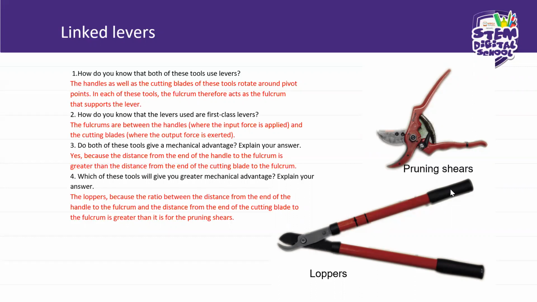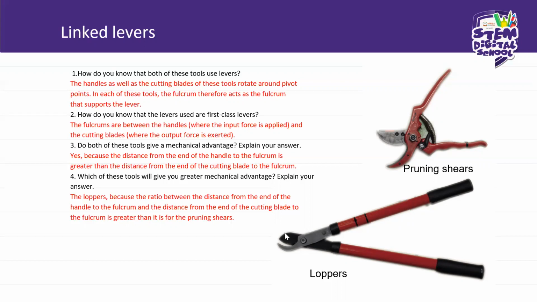So this is the input arm, the input distance, it's long. So if you do your effort here, you put your hands here and you pull this together, that's your input. And it goes over this long arm, so it becomes our input arm. From the fulcrum, the other side of the fulcrum, that is the output arm.